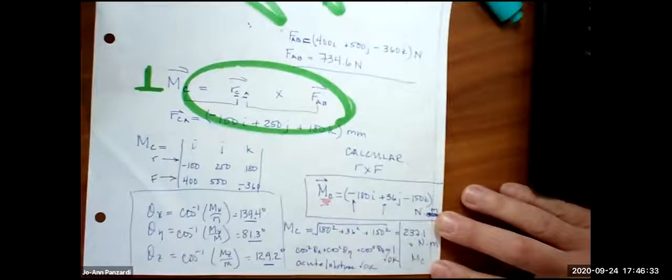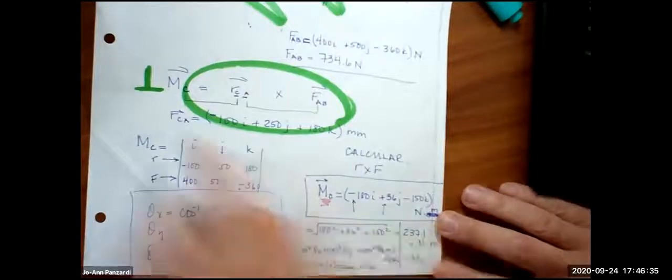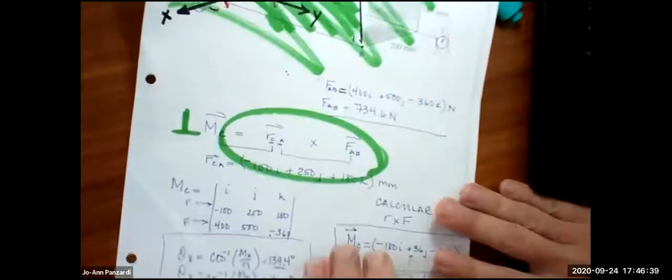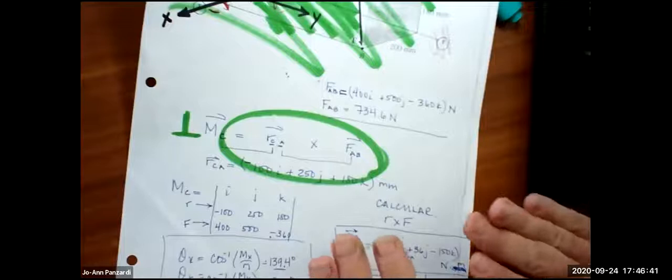Think of it that way. But then just realize it's not a push or a pull. It's a spin, but it's a vector. You know how to work with vectors. It's just that the physical sensation is different. It's not a pull in the x, it's a spin in the x.